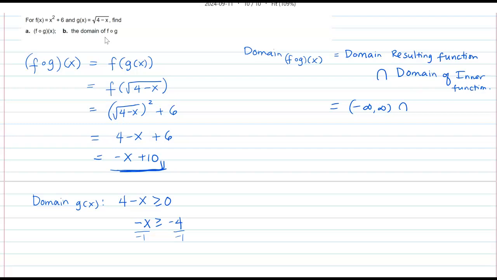Now remember, if you divide both sides by a negative number, you have to flip the inequality. This is now less than or equal to. So in other words, this becomes x less than or equal to 4.